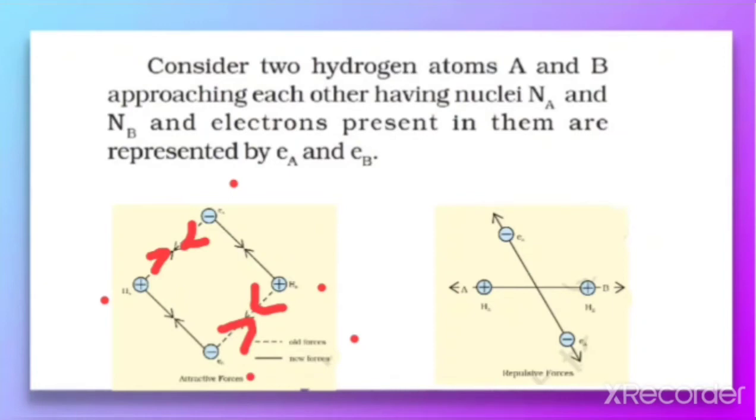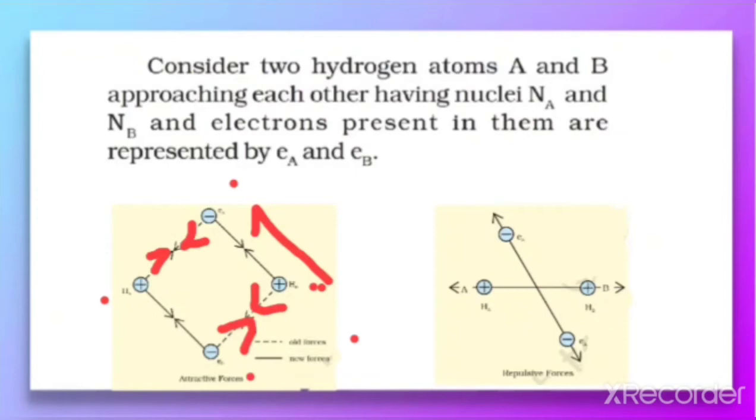But when the two atoms approach and come closer to each other, a new attractive force comes in. When the two atoms are close, the positive nucleus of B starts to attract the electron of A. Again the positive attracts the negative, but here the nucleus of one atom attracts the electron of the other.